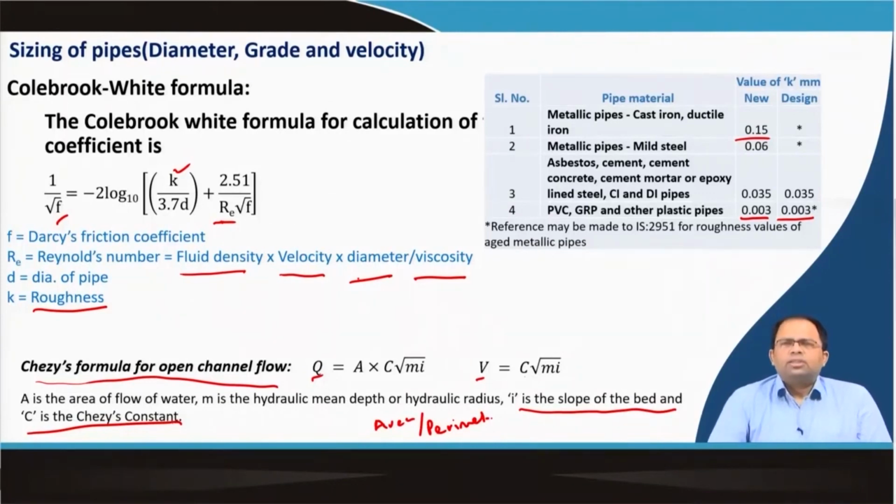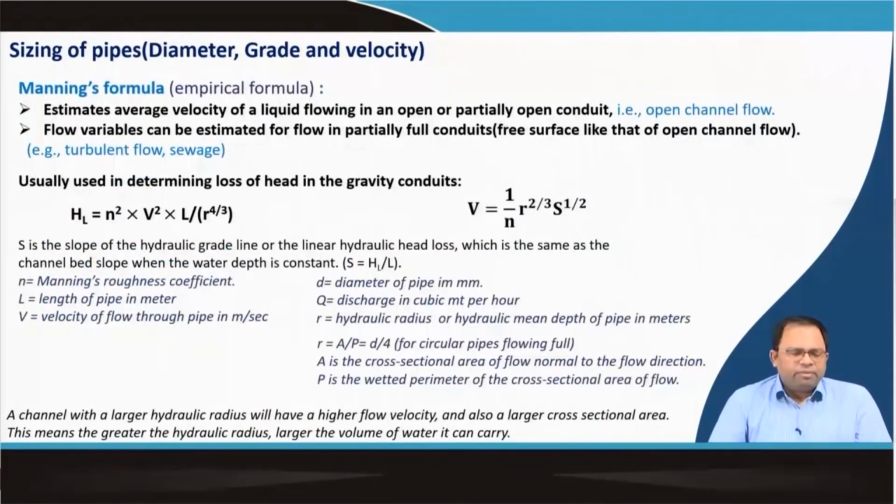So, Chezy's formula is not that commonly used nowadays, but we have Manning's formula as well, which is more common. Manning's formula is an empirical formula, and it is used to estimate the average velocity of a liquid flowing in an open or partially open conduit, like a drain.